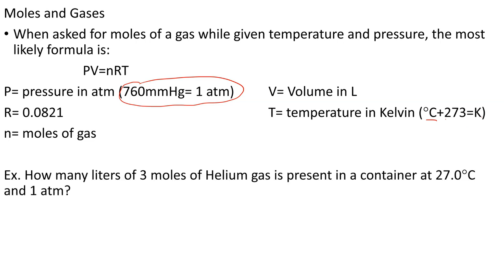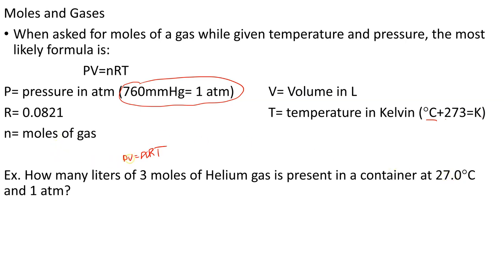So how many liters of 3 moles of helium gas is present in a container at 27 degrees Celsius in 1 atmosphere? So I have my PIV-NERD, right? So which values do I have? I have my moles. I have my R, because that's a constant, so it's going to be 0.0821. Temperature, I'm going to change this to Kelvin, so about 300.